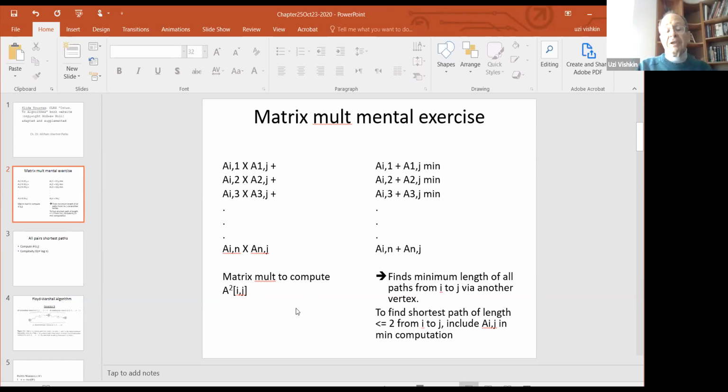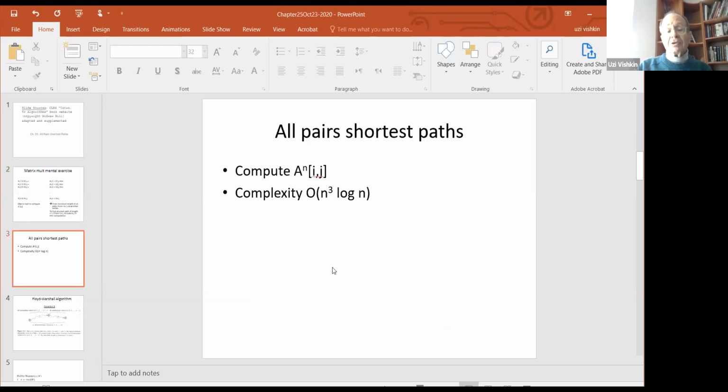If I now take this A to the power of 2 and raise it further, what will I get? I claim you can easily convince yourself that if I raise it to the power of 4, I will get all the shortest paths that go through at most 3 intermediate nodes, or all the shortest paths that have lengths up to 4.